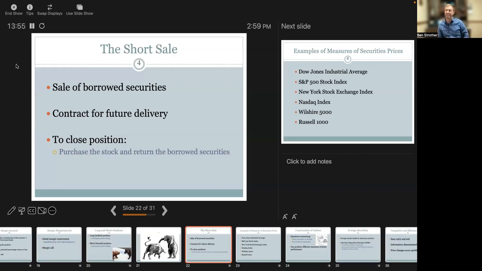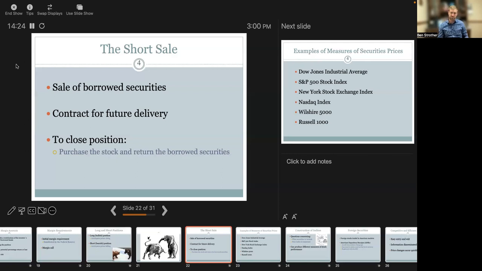Then after you have borrowed those shares, you immediately sell them on the market to anybody who wants to buy them. So now you have borrowed and sold the shares of Carnival Cruise Line, and you have an IOU to someone out there for however many shares you had.